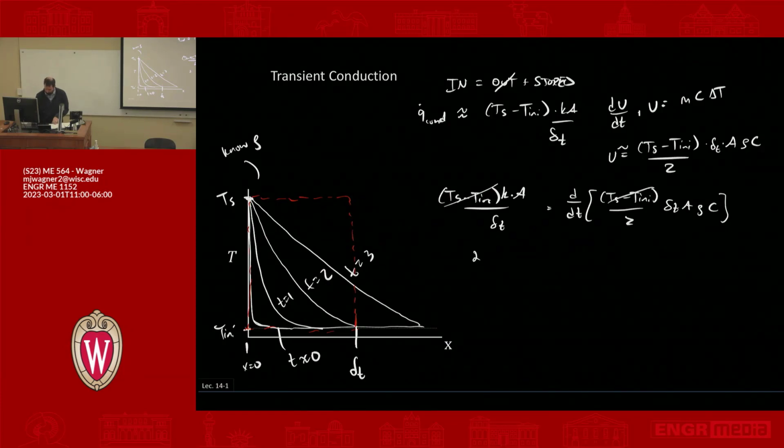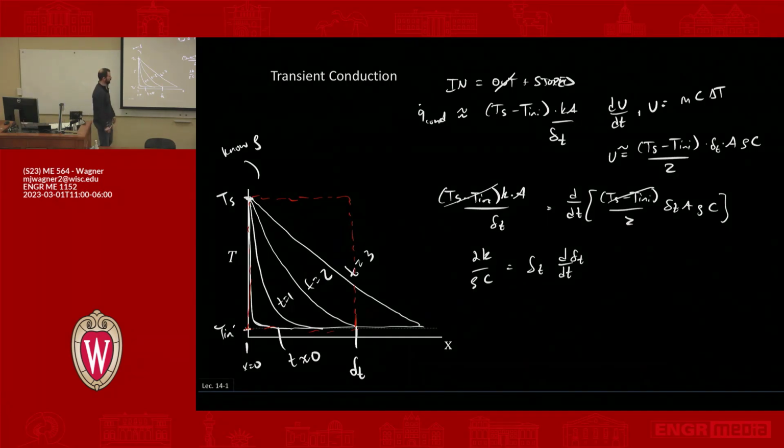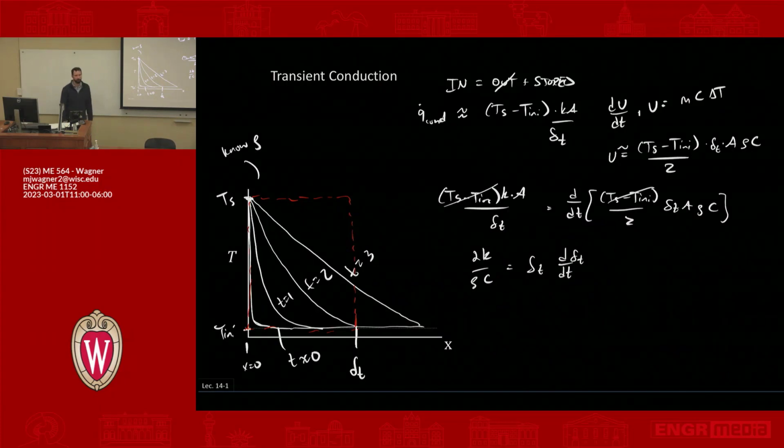So we get 2 times k over rho c equals delta T times the time derivative of delta T. That's just algebra to rearrange that. Everybody see where that came from? Just dividing constants out, right?